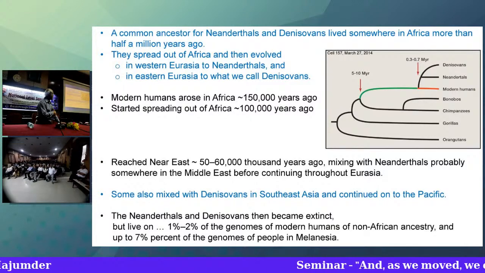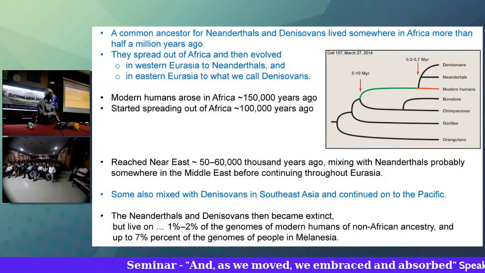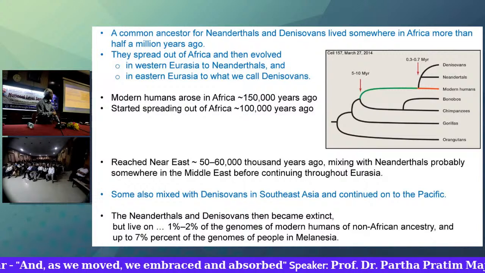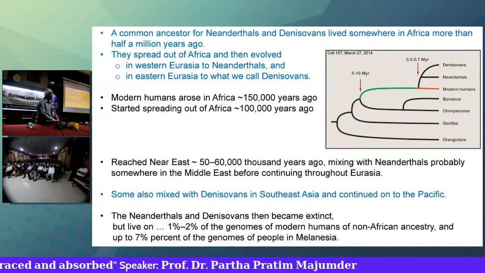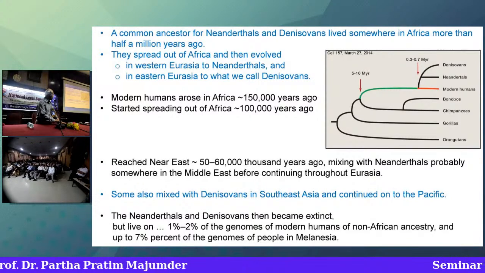We reached the Near East sometime about 50 or 60,000 years ago, and we started to mix with the Neanderthals, predominantly somewhere in the Middle East, before continuing through Europe and other parts of Asia. We also mixed with the Denisovans in Southeast Asia and continued on to the Pacific.